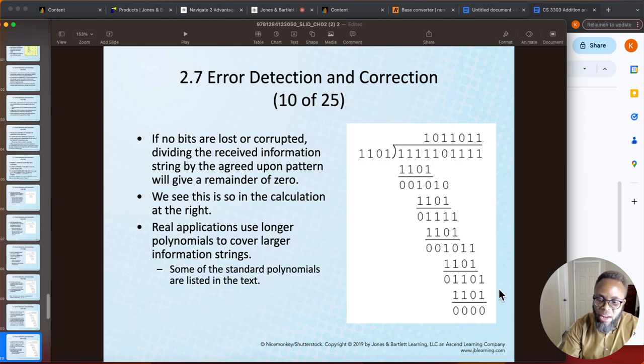You keep dividing until you get a 0 at the end. If you do not get a 0, that means the information has been compromised. If you get a 0, it means that the information was not compromised.